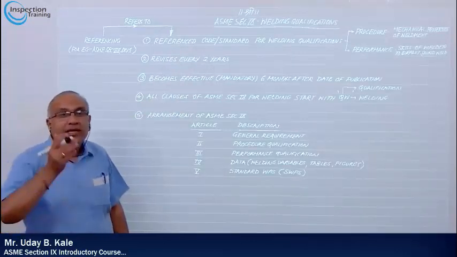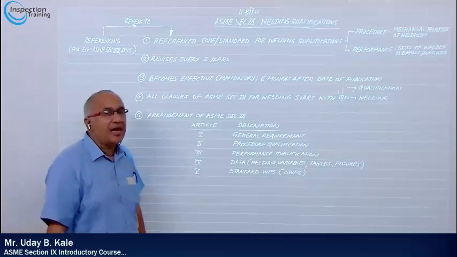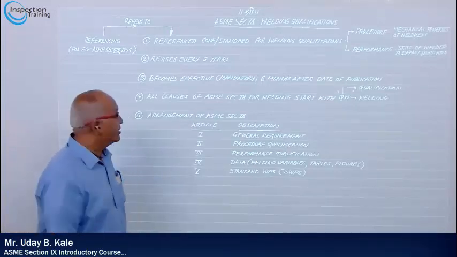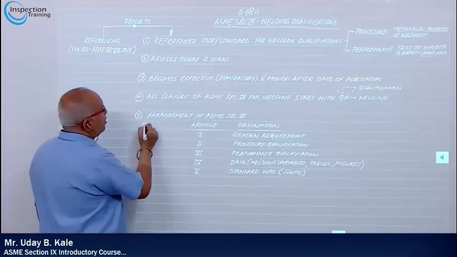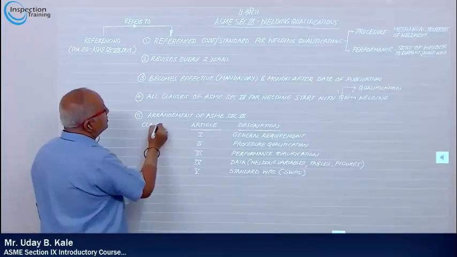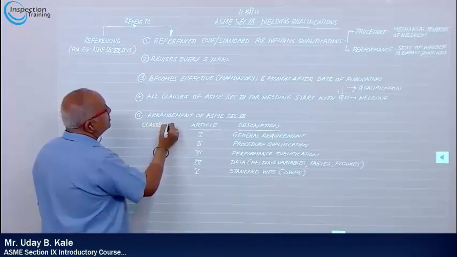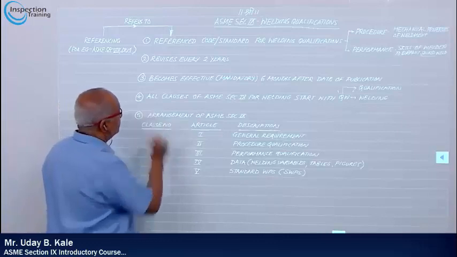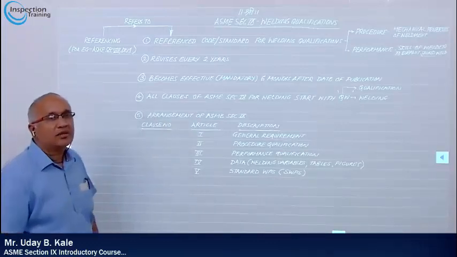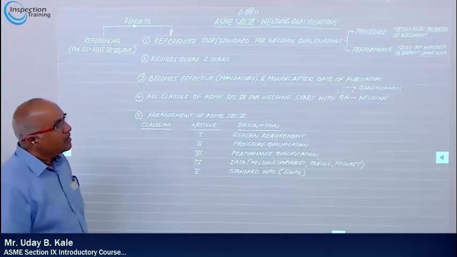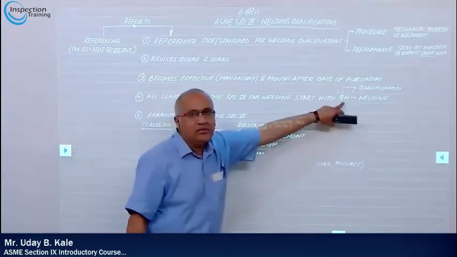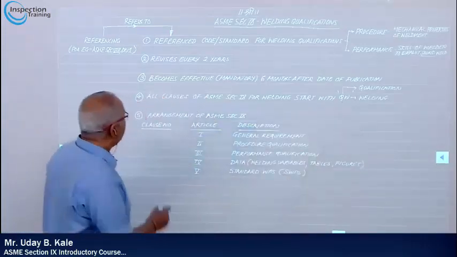Let us correlate the clause and the articles. If I say clause number, then it starts with QW, right? So I will write here QW.